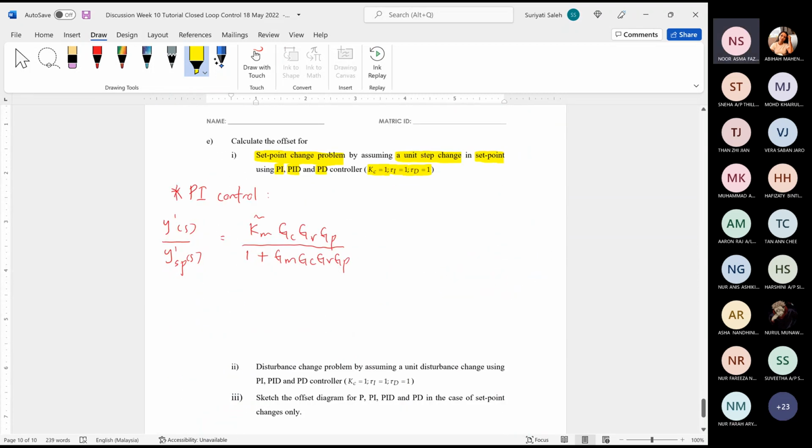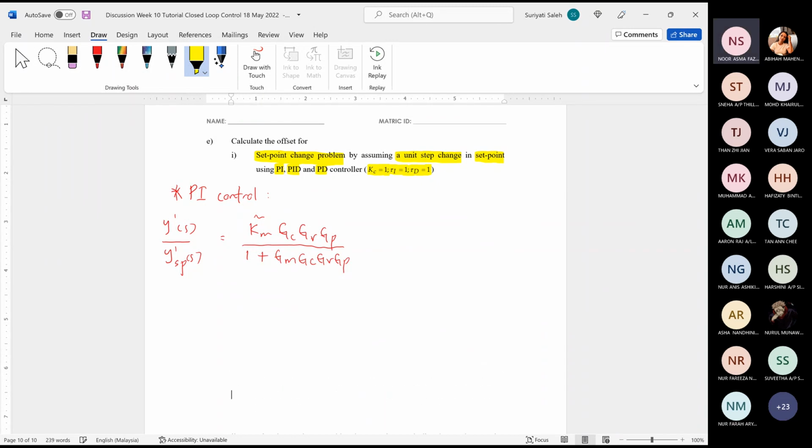So back to our question again. This is the set point changes problem where in the previous exercise, we already determined the value of your transfer function. Can somebody tell me what is your Km bar?